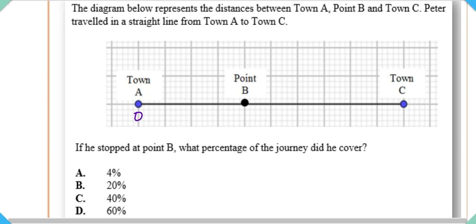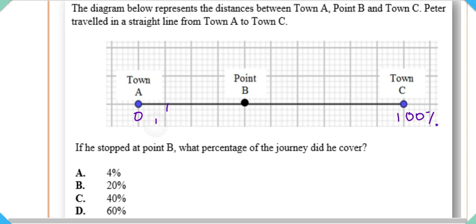The ending point is 100, as in 100% of the journey. Notice that there are 10 equal parts from A to point C. So from one point to the next is 10%. So from the starting point to this point would be 10%, another 10%, all the way up to 100%. That is the full journey.